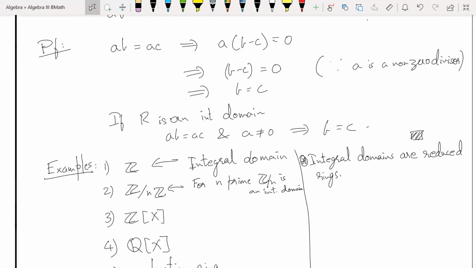So when n is 1, this is out of discussion. And when n is prime, we know that this is in fact a field.